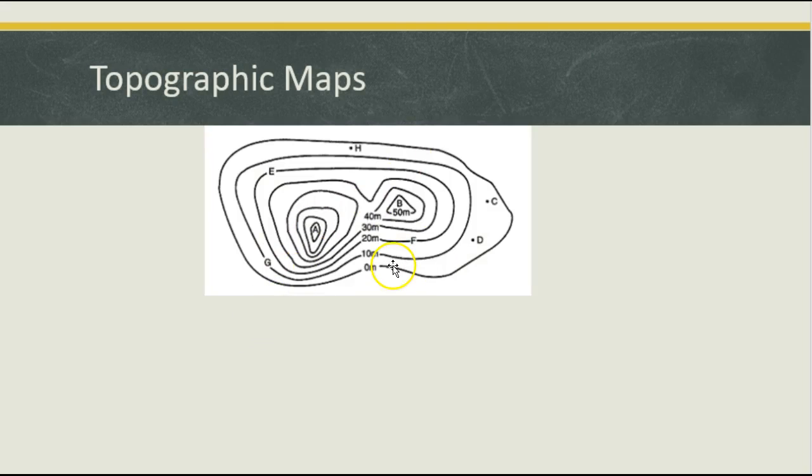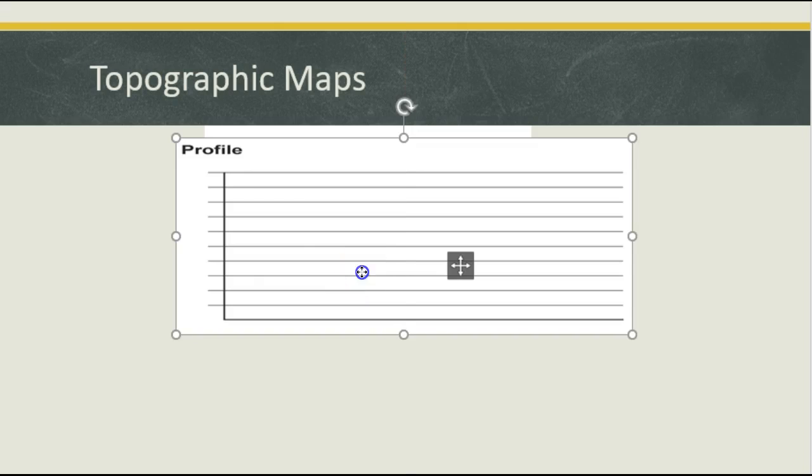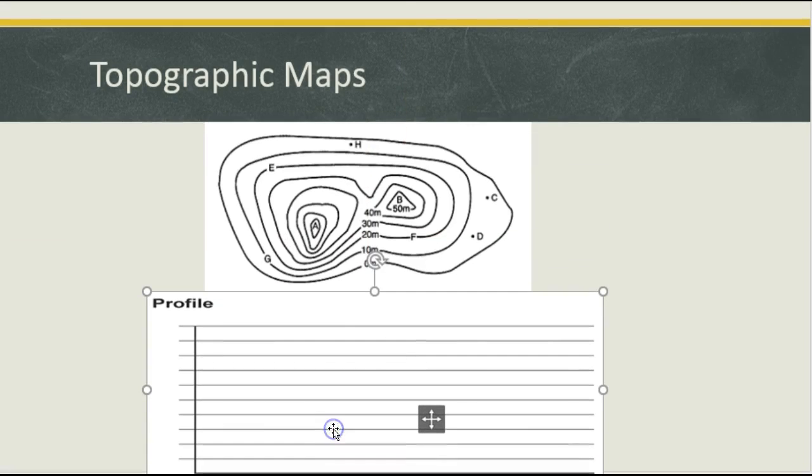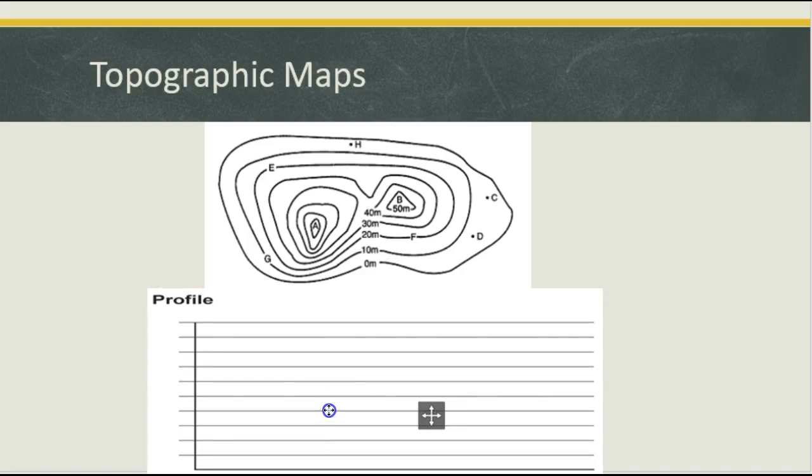We have this topographic map positioned on the screen, and I am going to add a profile graph. A profile graph looks very much like something you would draw a bar graph on. You have these lines here, and we can make them a value of any kind. And we're going to make ours correspond to this map here.